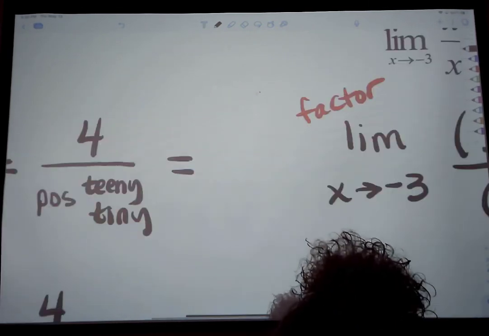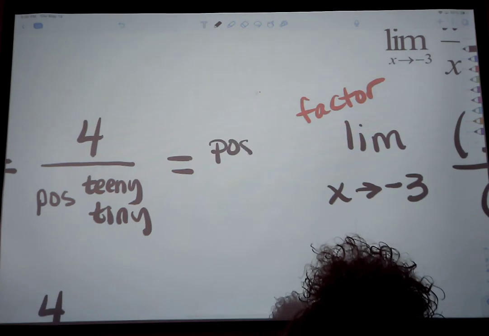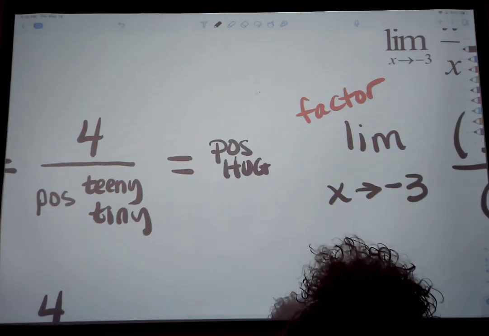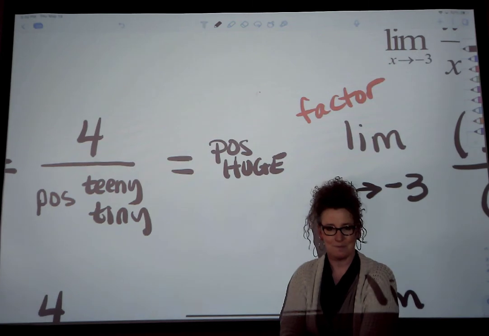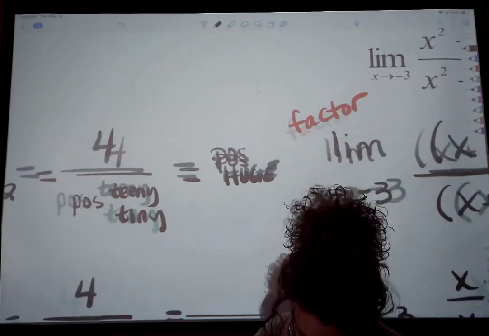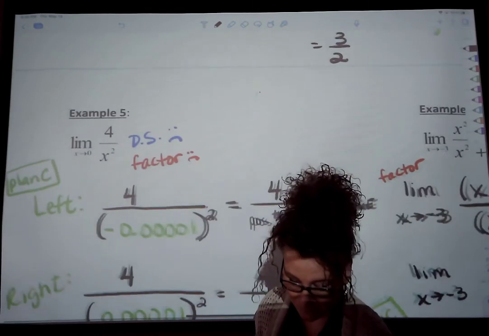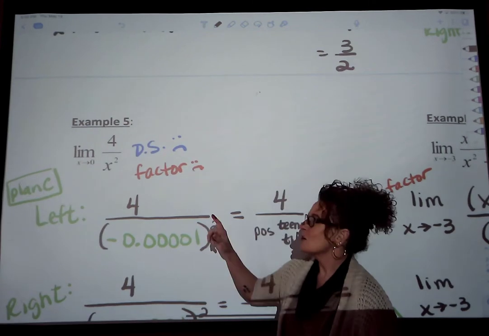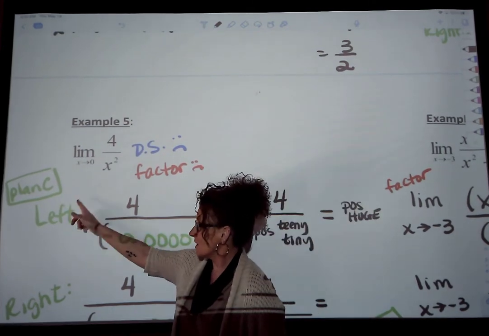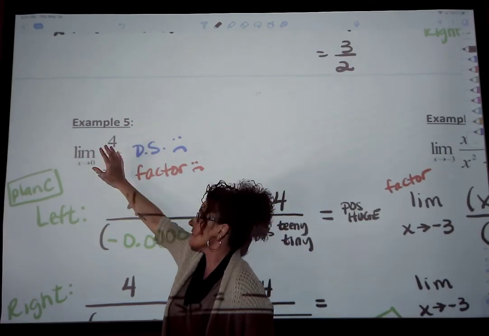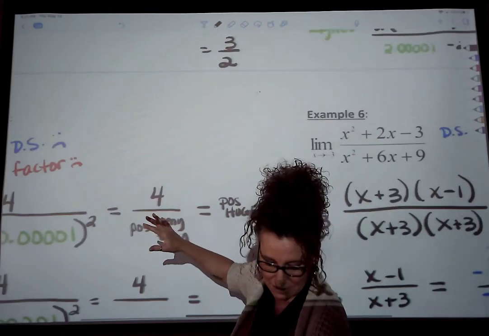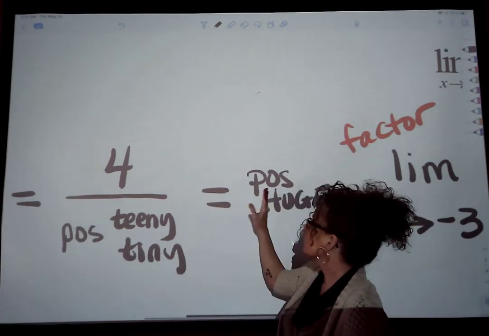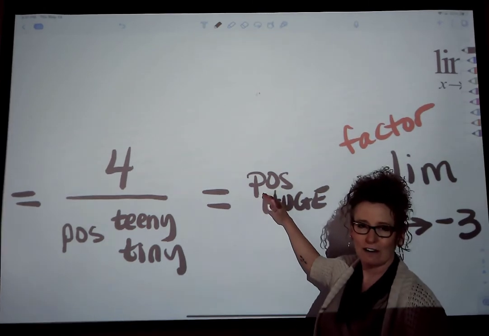You get a positive, huge number. From the left of 0, this function has huge positive y values.